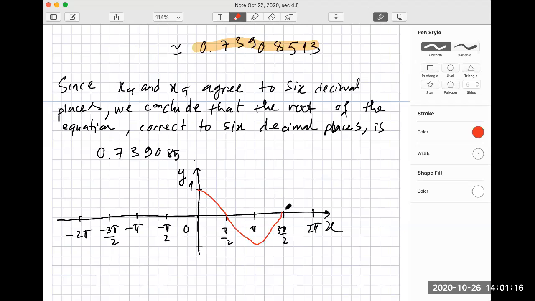Go back here. And at 2 pi, it would be like this. And it is a periodic function with period 2 pi, so it would be like this, right? This is the cosine x.